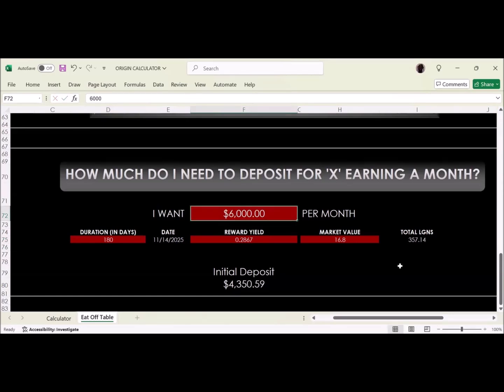So now, if you deposited $43.50 into this protocol and let it compound for 180 days, the 7th month forward, you'll be able to withdraw $6,000 every month to pay your entire monthly budget, and you'll be able to do it month after month after month because you're living off the earnings and your principal is intact.